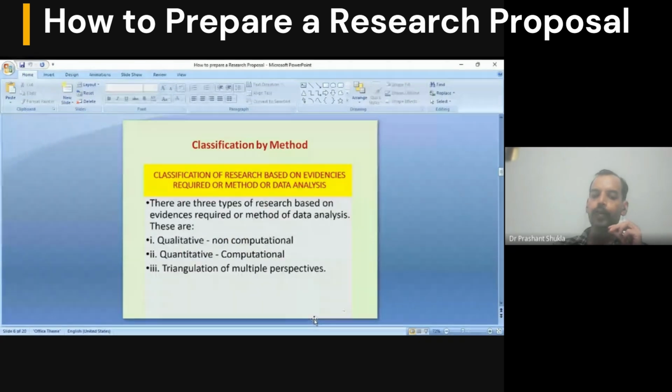And then the triangulation research. As Strawson says, qualitative research is always based on second order inquiry, and the quantitative research is based on the first order inquiry. The triangulation research is a proper merger of both of them, done in a systematic or a rigorous manner.